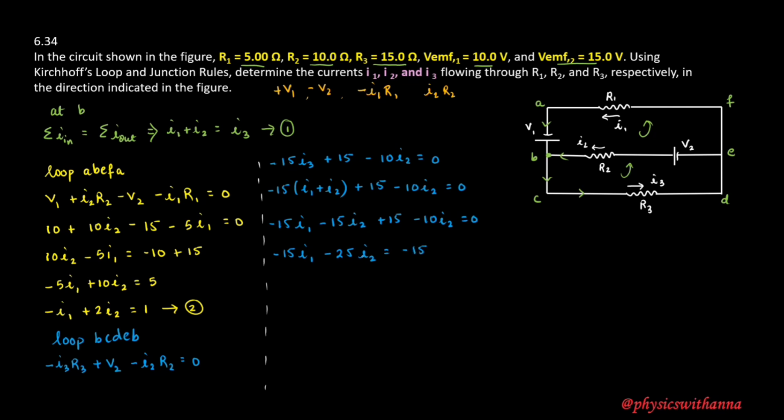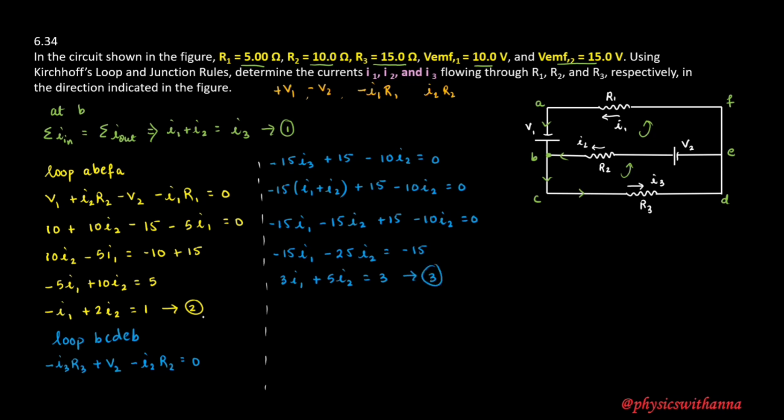Now again each term over here is a multiple of 5, so I can divide by 5 throughout. And since each term contains a negative sign as well, I'm going to divide by negative 5 throughout. So here we get 3 I1 plus 5 I2 equals 3. And I will call this equation 3.